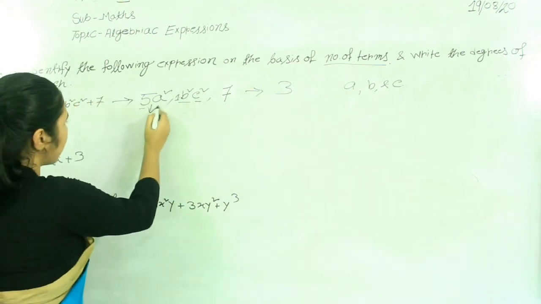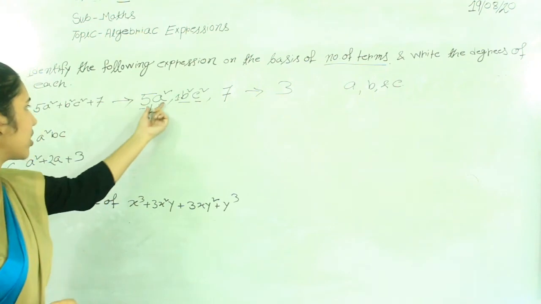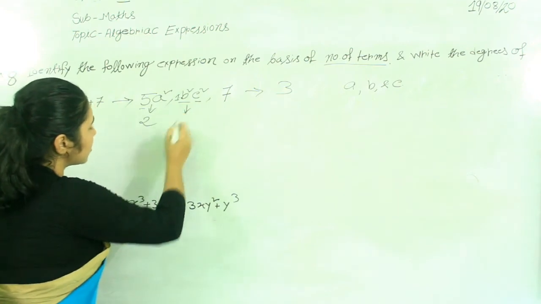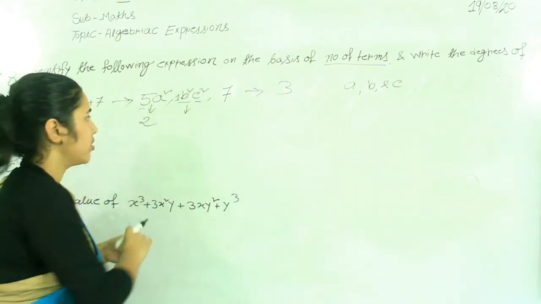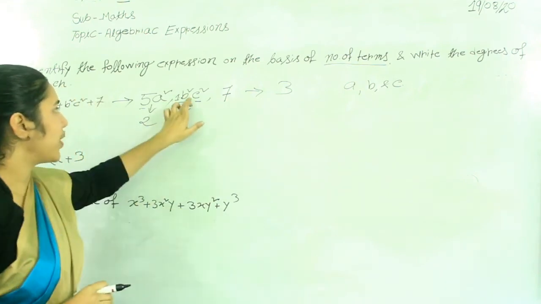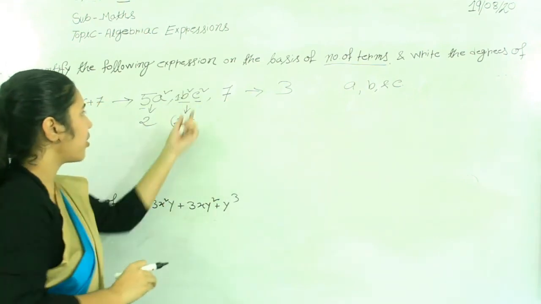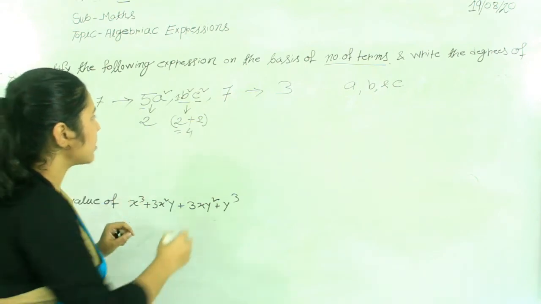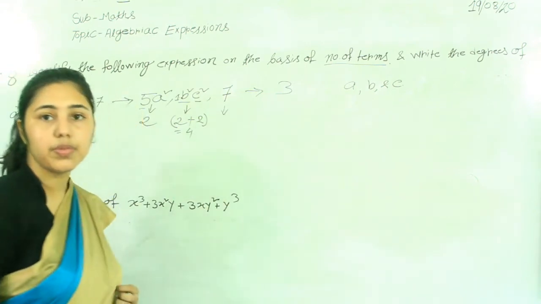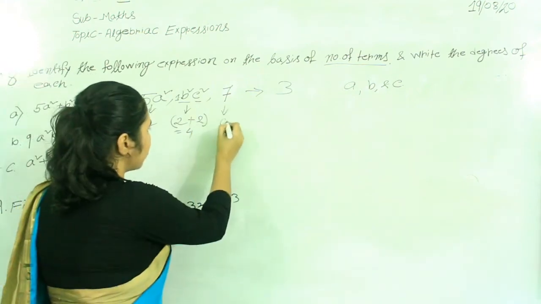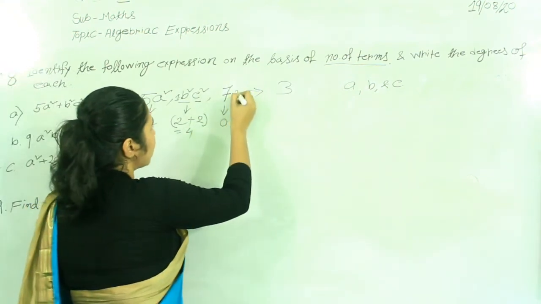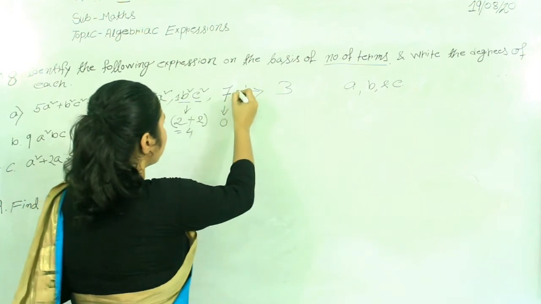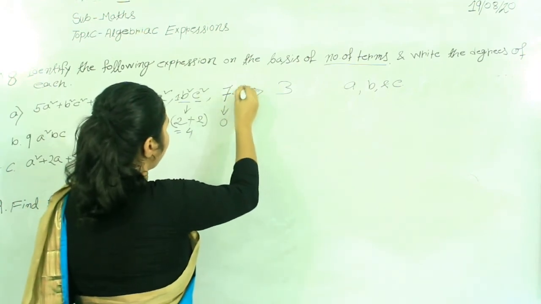Now the power of the first term is 2, because there is only the first variable, a, with power 2. Now consider the second term, b square c square. The power of b is 2 plus the power of c, again 2. So 2 plus 2, 4. Next, the power of the constant term is 0, because you can write it as 7 into x to the power 0, or a to the power 0, or b to the power 0.